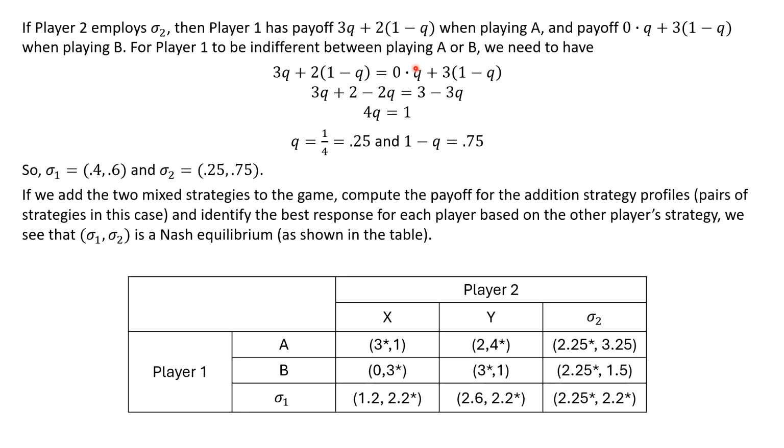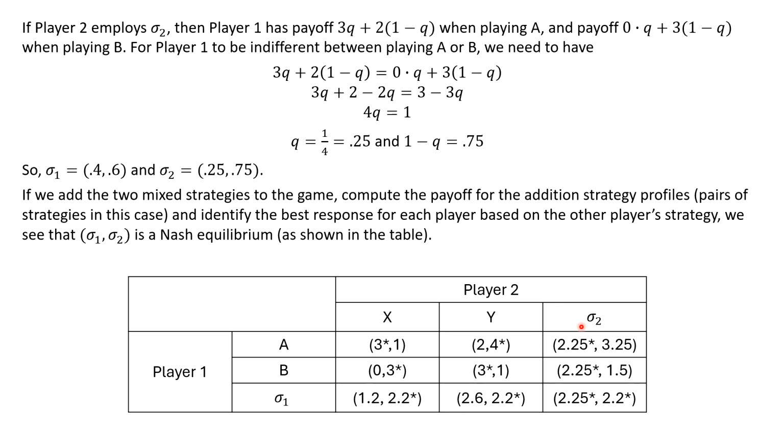Okay, so now we're looking at if player 2 plays sigma sub 2, we want to have it such that player 1 doesn't care whether he or she or it plays A or B. So we compute the two different outcomes.